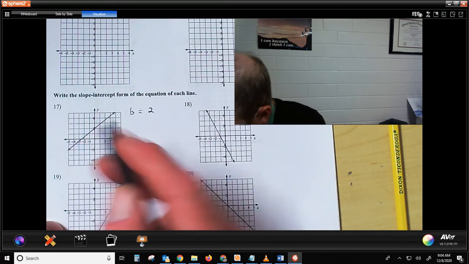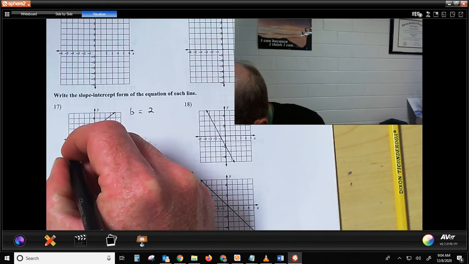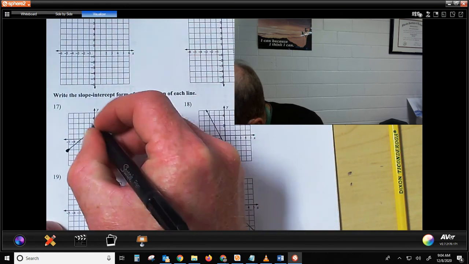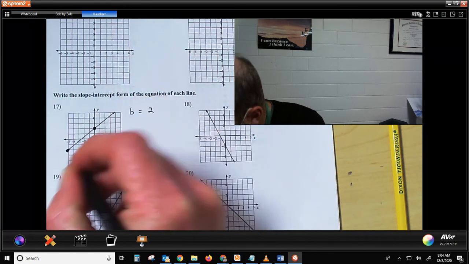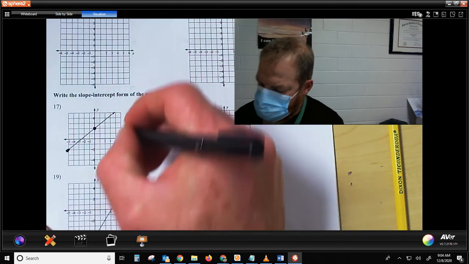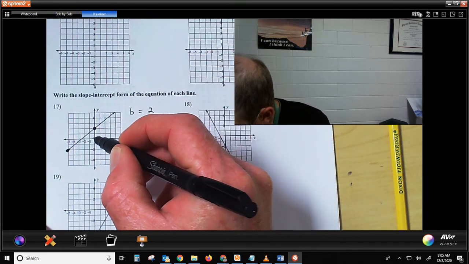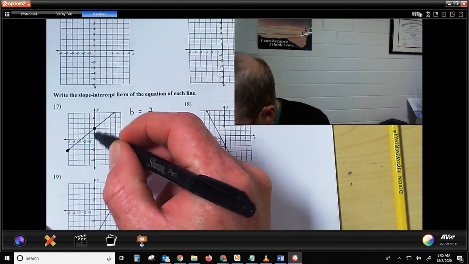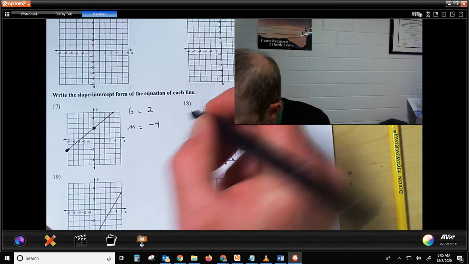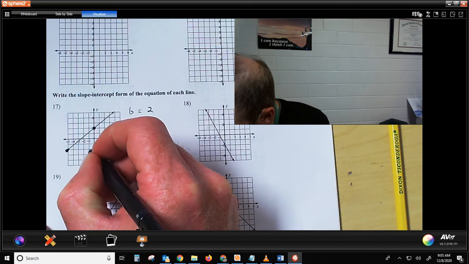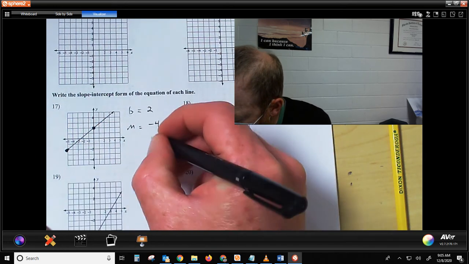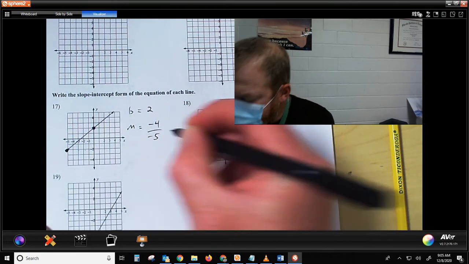And this was tricky for a lot of people. The only other point we found that was on this line was right at the edge of the grid down here. So our slope was down 1, 2, 3, 4. Okay, that's down 4. And to the left, 1, 2, 3, 4, 5. To the left would be a negative also.